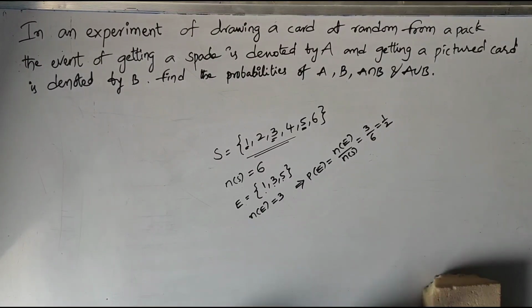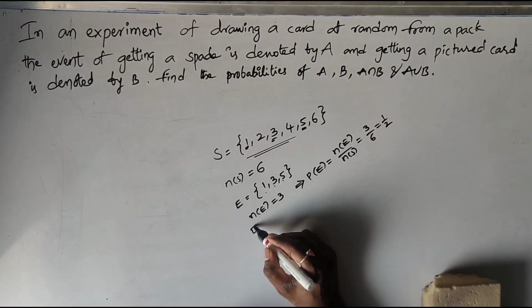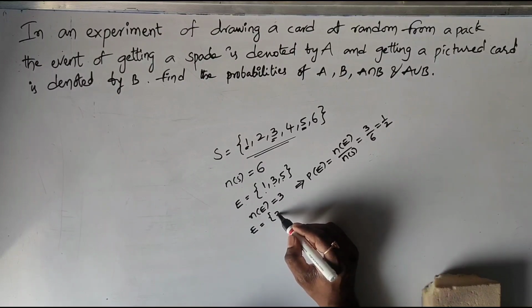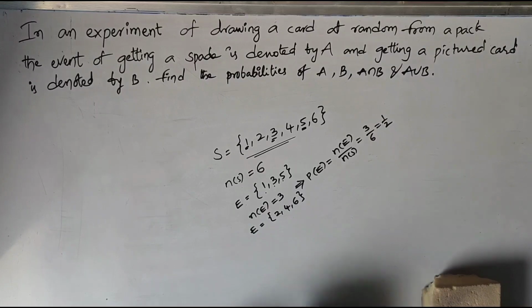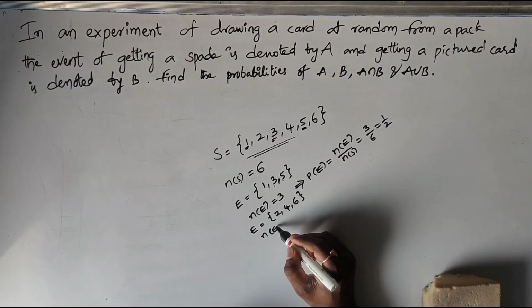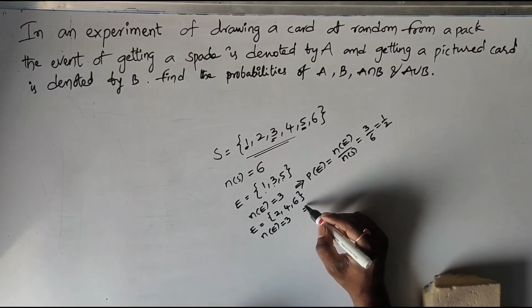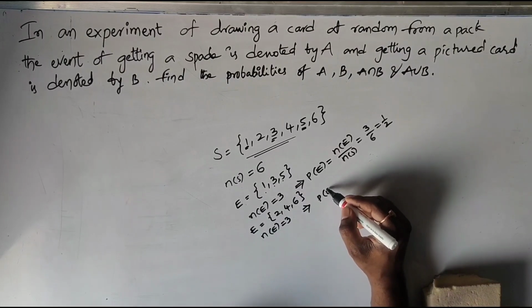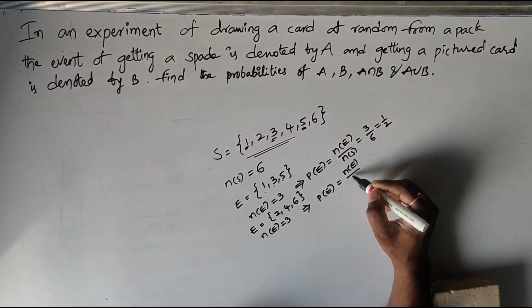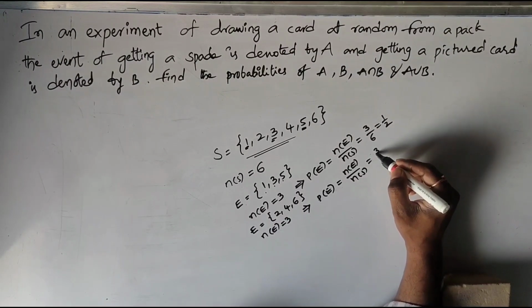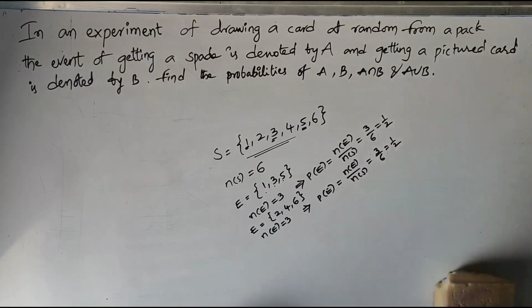Getting even numbers also, suppose we take. Let E be the event of getting an even number on the face of a die. The favorable cases are 2, 4, 6, again 3 cases. So the probability of getting an even number is P of E equals N of E by N of S, that equals 3 by 6, that equals 1 by 2.